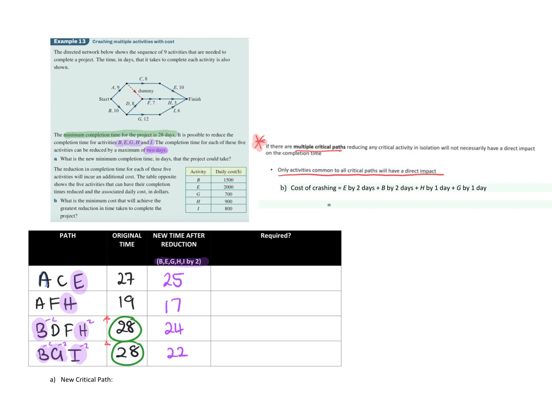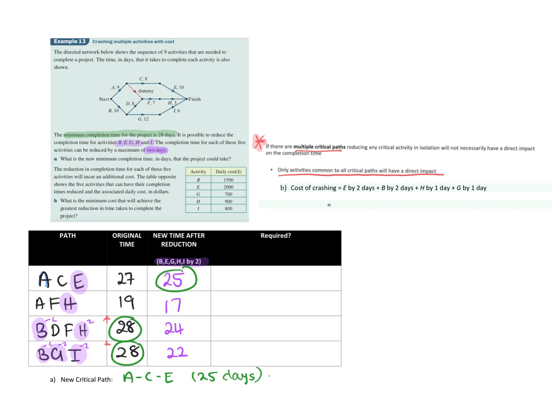Okay, so then what we've done is we find our new critical path. So the new critical path is actually A, C, E, and it takes 25, I think these were days, so 25 days. Okay, so then the question asks what's the new minimum completion time? So it's 25 days, and that's the actual path.